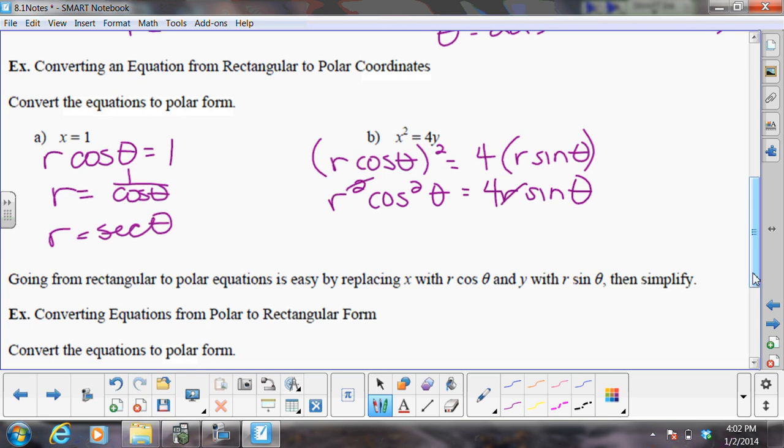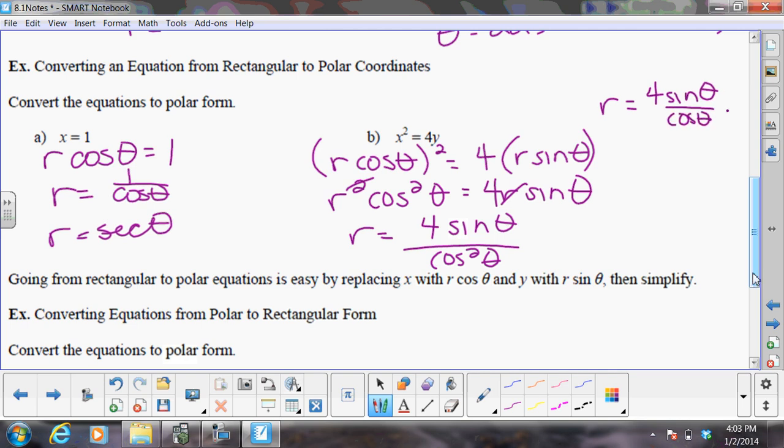So I will divide cosine squared theta over to the right. And I can separate it, so if there's 2 cosines, it's 1 over cosine and a sine over cosine, because sine over cosine is tan, 1 over cosine is secant. I can just make it look prettier instead of what was there.